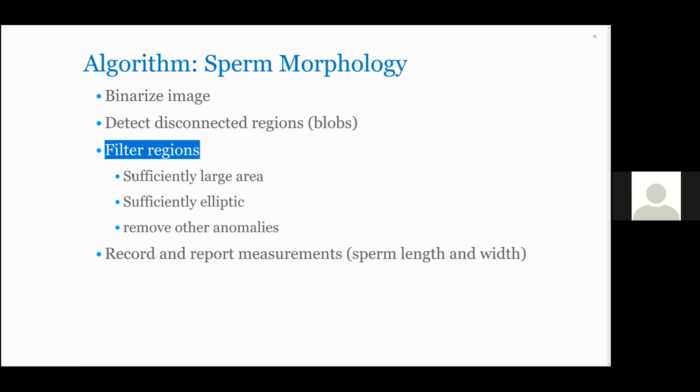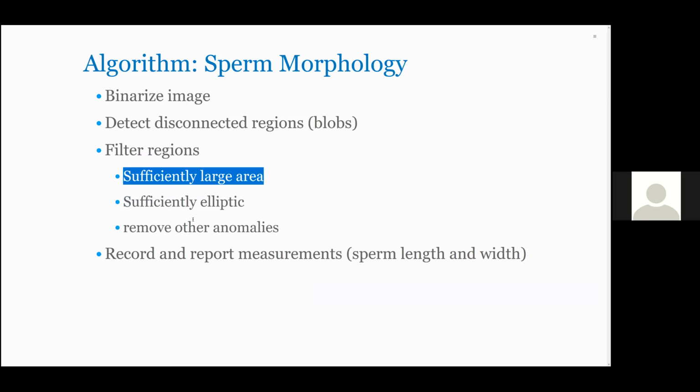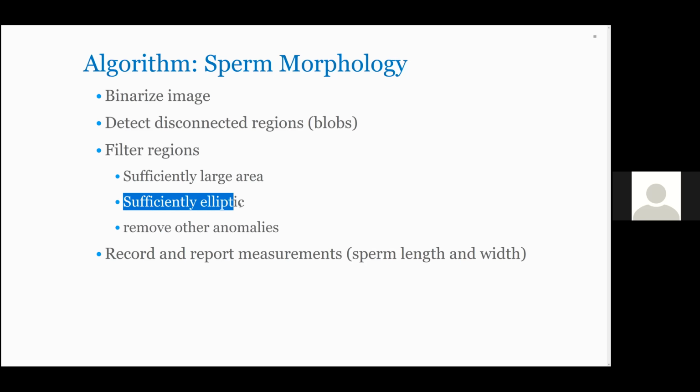We're going to end up with a lot of noise, so we need to filter the regions. Anything that's not sufficiently large, we need to get rid of. Anything that's not sufficiently elliptic, we need to get rid of. Artifacts or debris on the microscope slide can be sufficiently large, but it might not be round, or it might be spiky, so we can throw that stuff away.